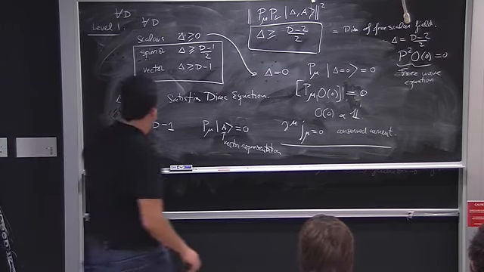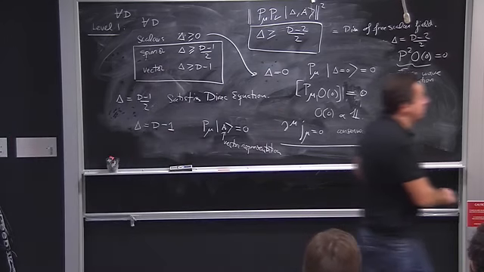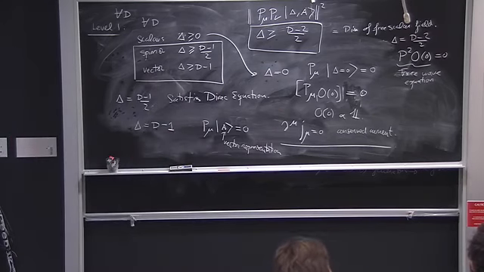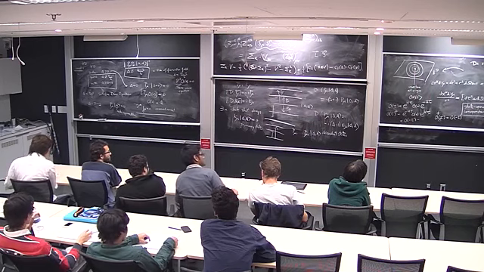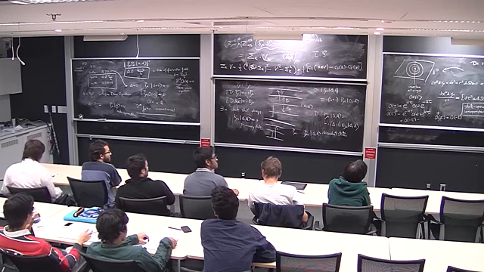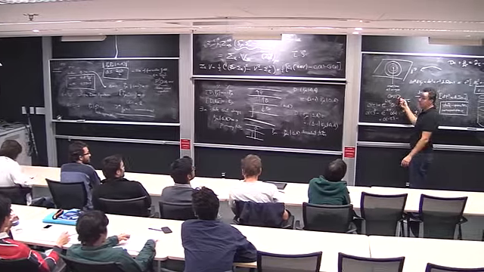Yeah, so this is the thing, admittedly I was a bit too fast. So this was this idea of operator state correspondence, right? So I was telling you that any state here in the infinite past, through this conformal transformation, can be represented by doing some boundary condition near the origin in the plane. And the way to interpret this is that this state is created by inserting an operator at the origin, acting on the vacuum.